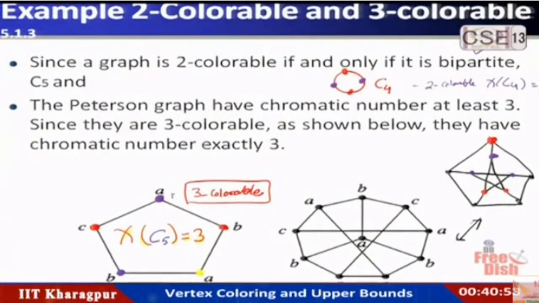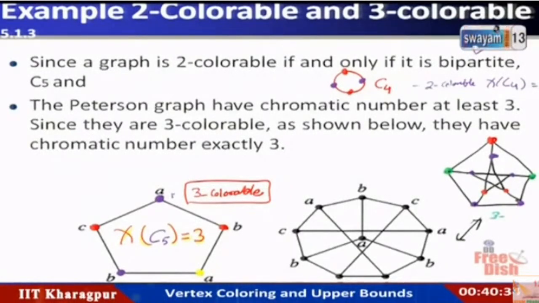As far as these nodes are concerned, they cannot be colored with the second color. Similarly, these 2 nodes may be colored. Why? Because they are not adjacent to these colors. Now we require another, third color to color the remaining vertices. This can be colored with the third color.